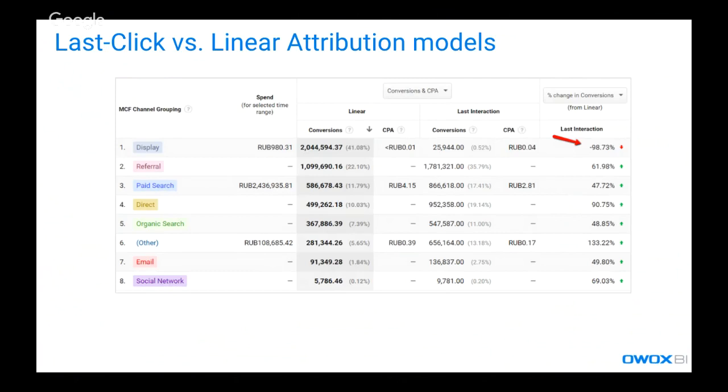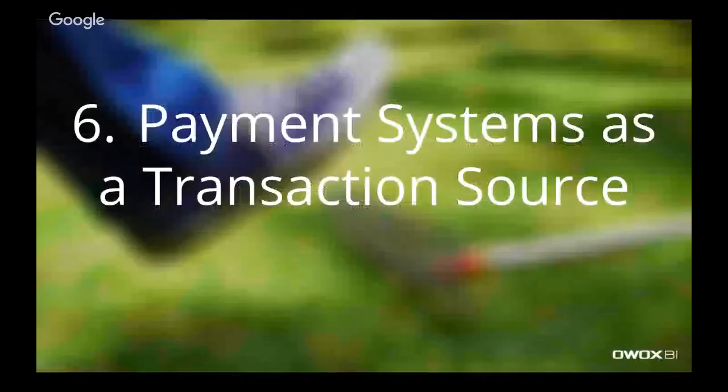So you can try different attribution models to understand which one is the best way to measure your advertising campaigns. Here is a link to the GA report where you can see this data.